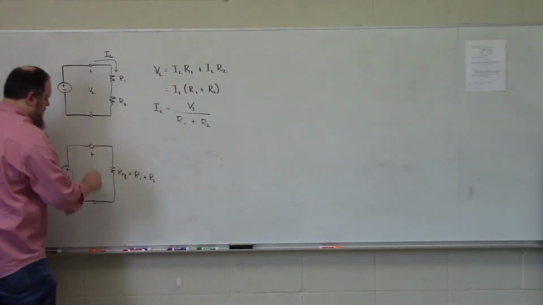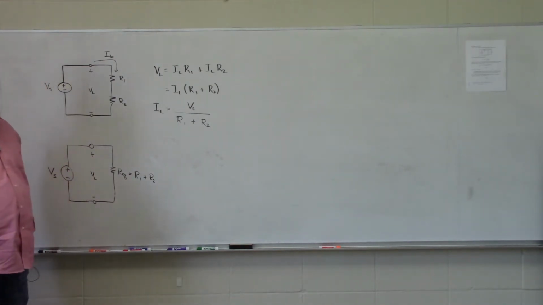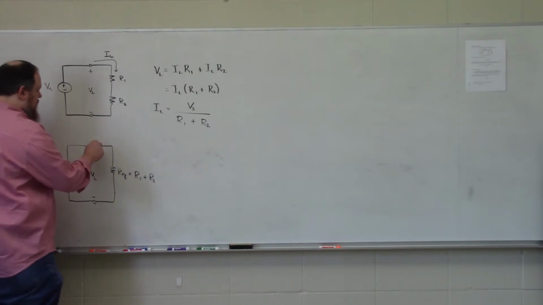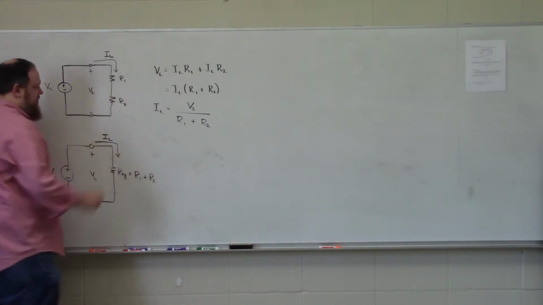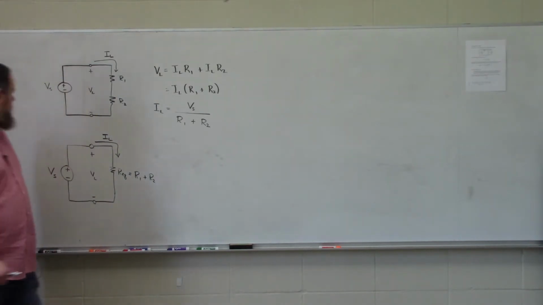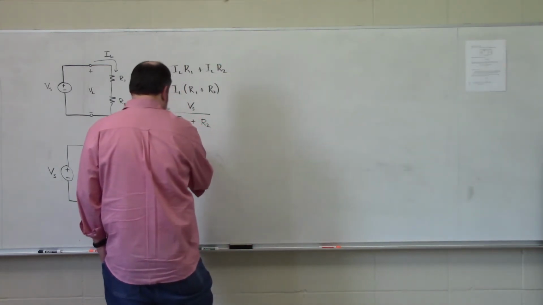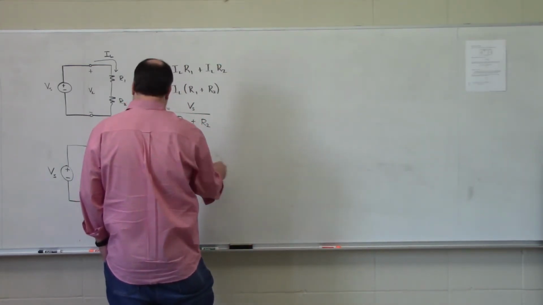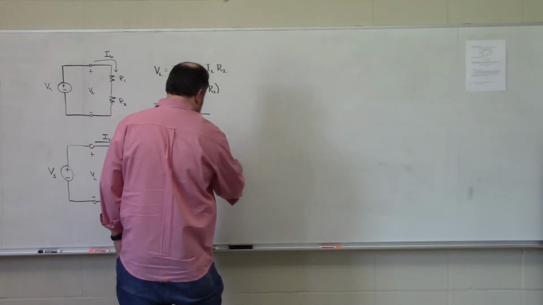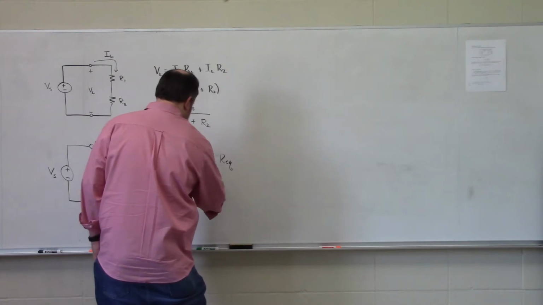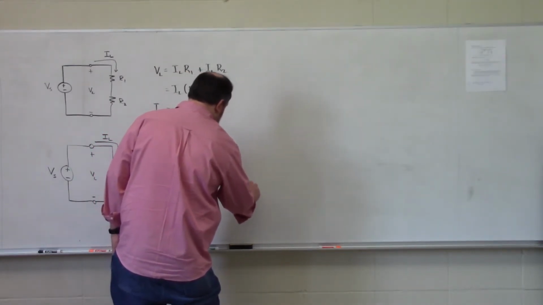We're going to define our voltage VL in the same way. It's the voltage drop over the resistive network. The current IL is the current flowing through the resistive network. And we can see that VL is IL times Req, which is IL times R1 plus R2.